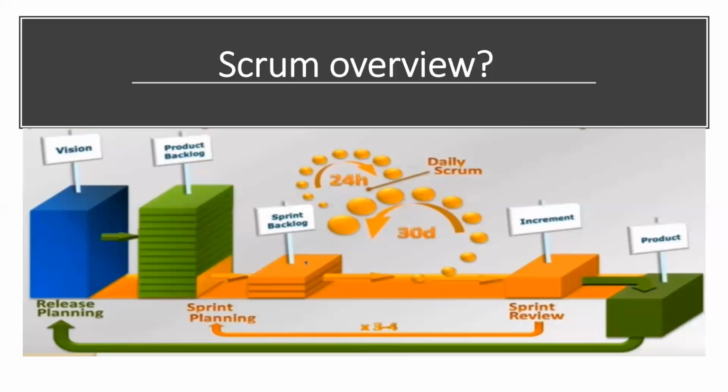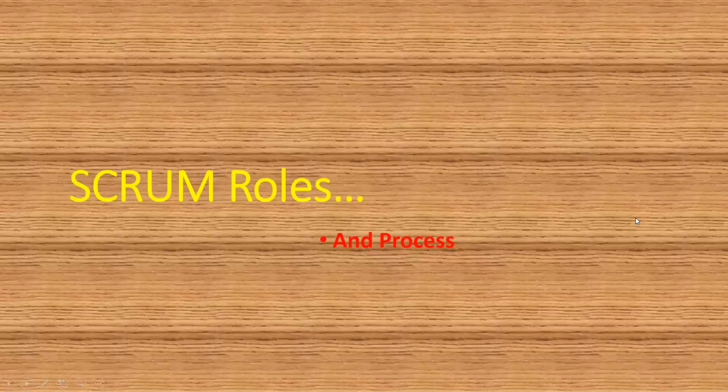A product increment is not just a document. It has a lot of things needed to complete the sprint. So by developing continuously, we'll get the product aligned to the product vision. Okay. So in between we have sprint planning and sprint review. All this happens.